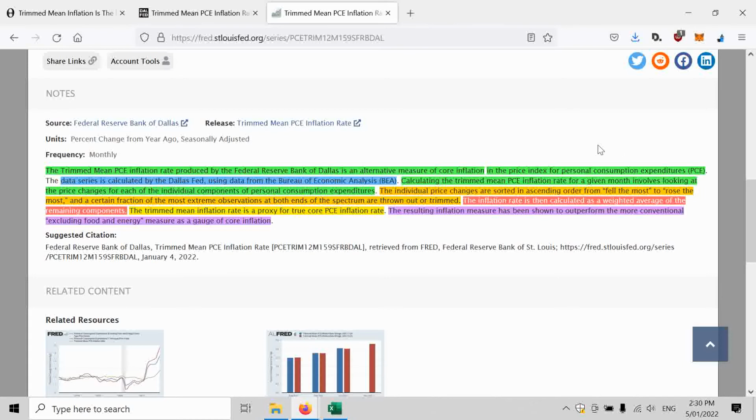PCE is another price index which is different from CPI, and that is also used to calculate inflation. And now they have come up with this trimmed mean PCE, which is an alternate way of calculating PCE.